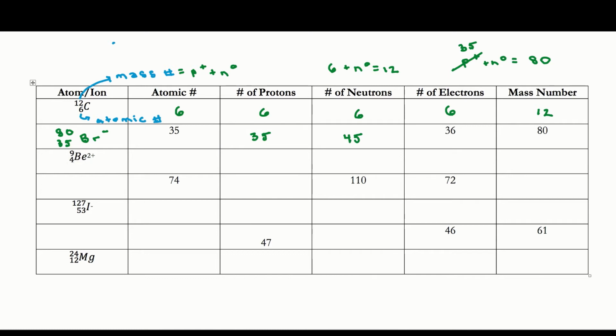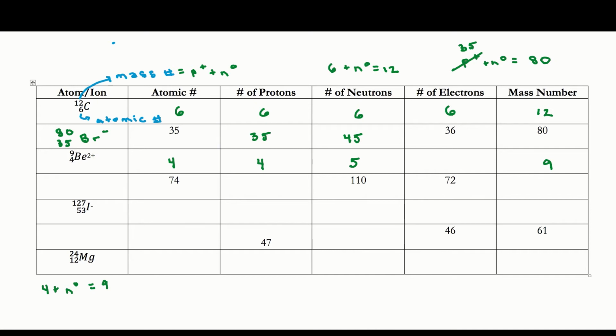Beryllium. Beryllium has an atomic number of 4, because that's the number on bottom, which means it has 4 protons. Okay. Since its mass number is 9, remember, mass number is protons, so 4 plus the number of neutrons. Since the mass number is 9, I'll write that in there, that means the number of neutrons is going to be 5, because 9 minus 4 is 5.